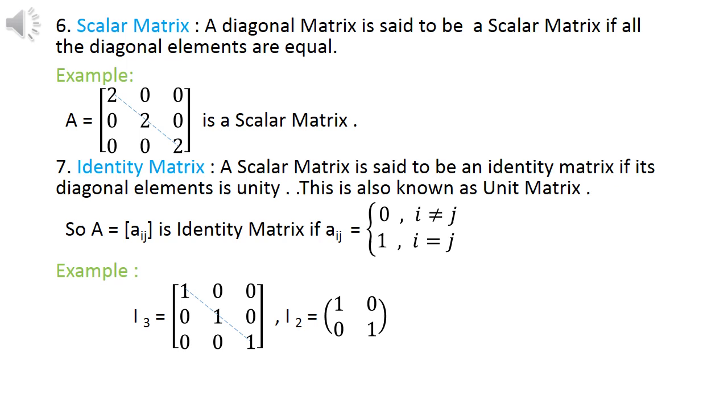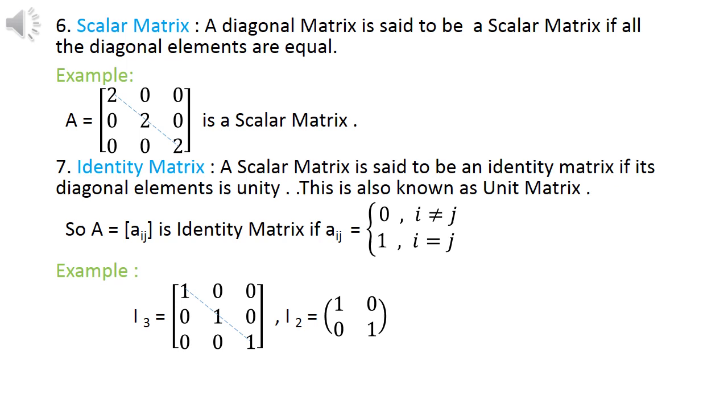Therefore, a matrix in which diagonal elements are 1 and other elements are 0 is called an identity matrix. This matrix can be represented as capital I2, capital I3. Here capital I2 means identity matrix of order 2, and I3 means identity matrix of order 3.